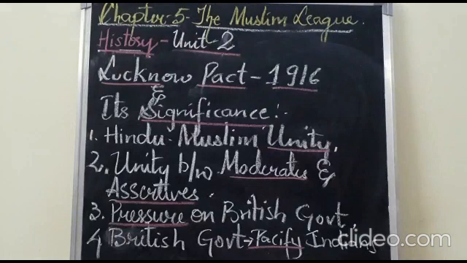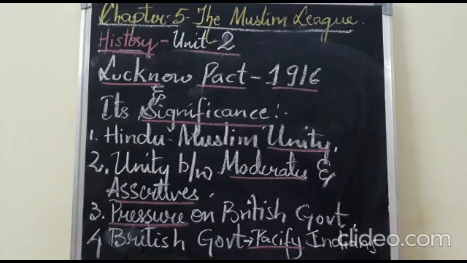The period during the First World War, 1914 to 1919, saw intense nationalist political activity. The events during the war and the prevalent sentiments were responsible for the signing of the Lucknow Pact between the Congress and the Muslim League. Children, do you remember the Surat split that we learnt in the last unit in the year 1907? The differences between the two sections had surfaced due to ideological differences and, the second one, over the issue of presidentship.